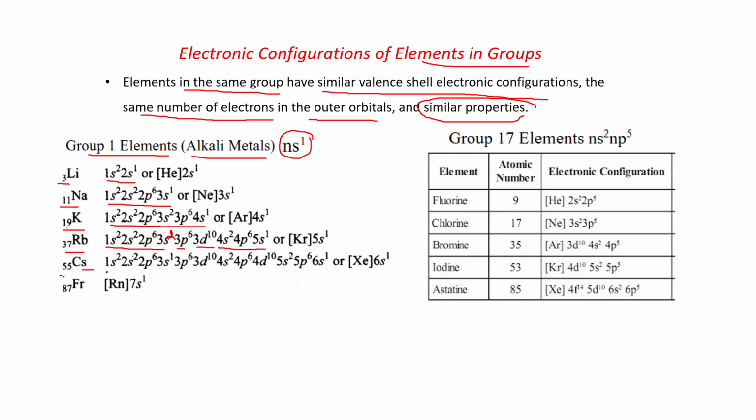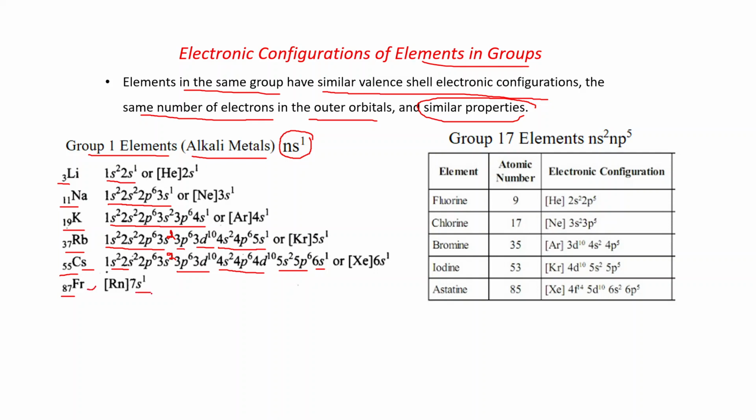Cesium, atomic number 55: 1s2, 2s2, 2p6, 3s2, 3p6, 3d10, 4s2, 4p6, 4d10, then 5s2, 5p6, 6s1.